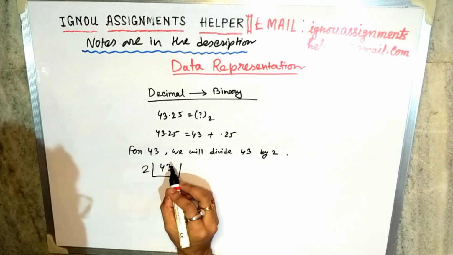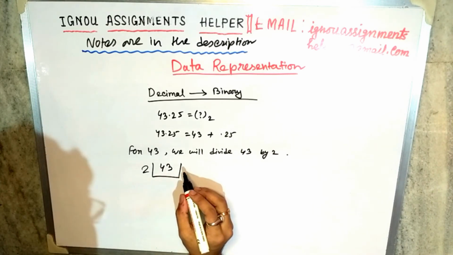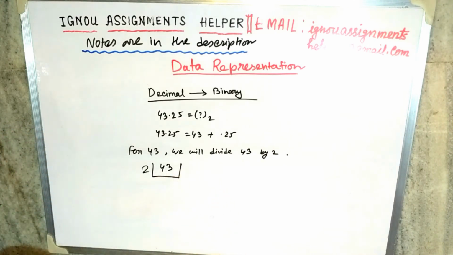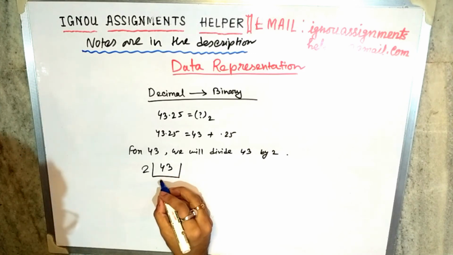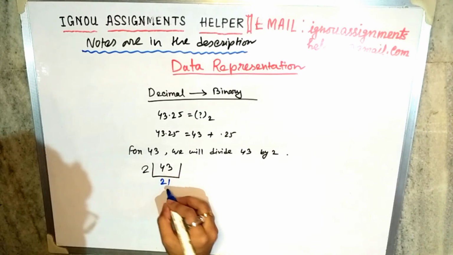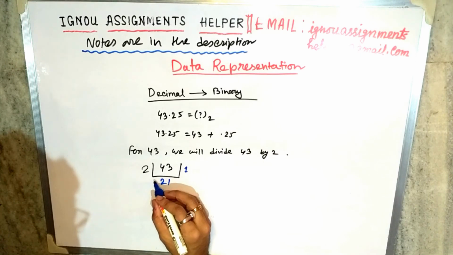We'll divide it by 2, and we'll write the result here, and the remainder we'll write here. Suppose we are dividing 43 by 2, then we'll write here 2 and 2, that means 2 into 2 is 4, and 2 into 1 is 3, so the remainder is 1, right?